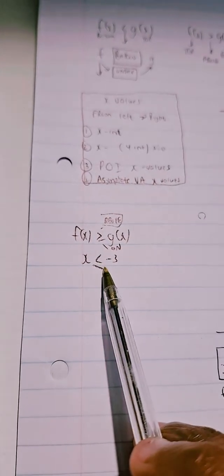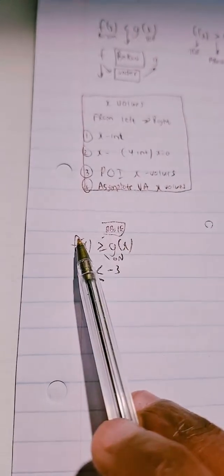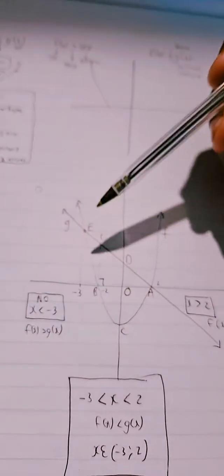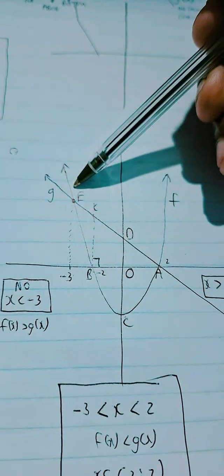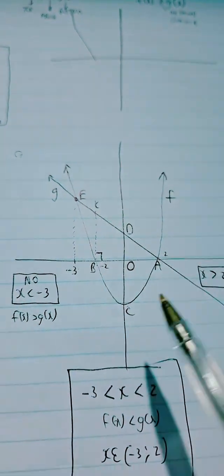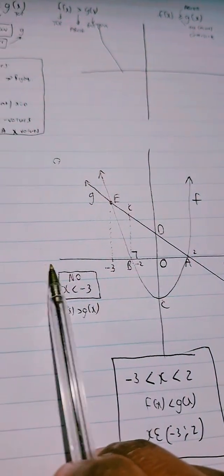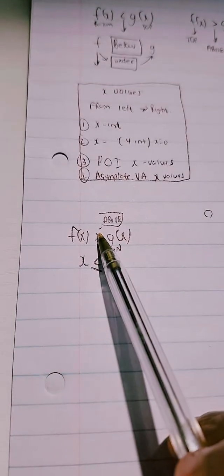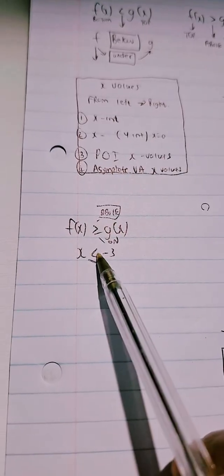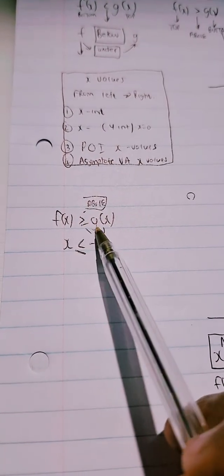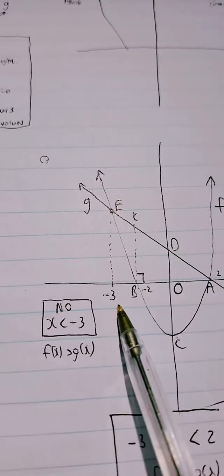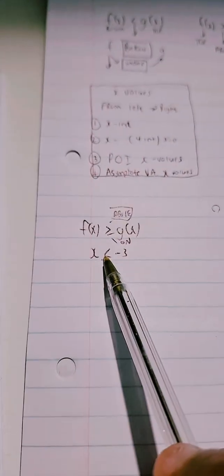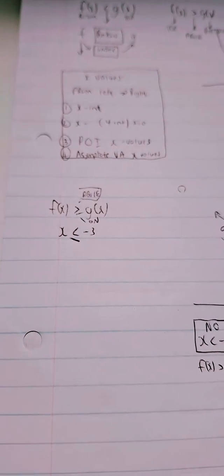It's where x is equal to negative 3. F, which is this function, is above that one where x is less than negative 3. Where is it on? F is on g there, where x is equal to negative 3. So that's why we put an equal sign as well.